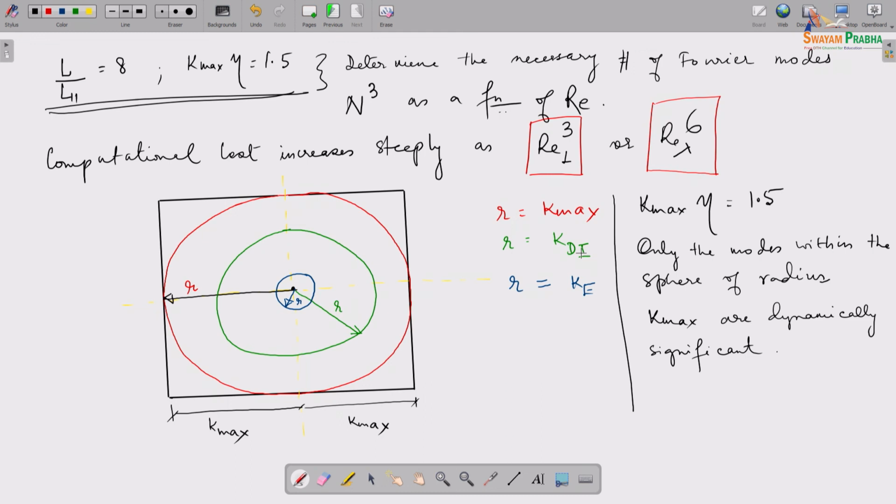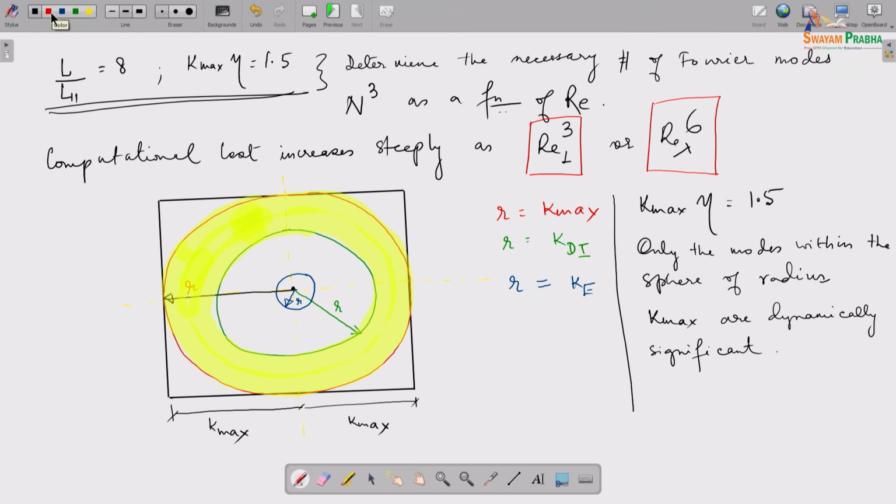So, the dissipative range is essentially between k d i and k max. This is the region we are talking about, the dissipative region.